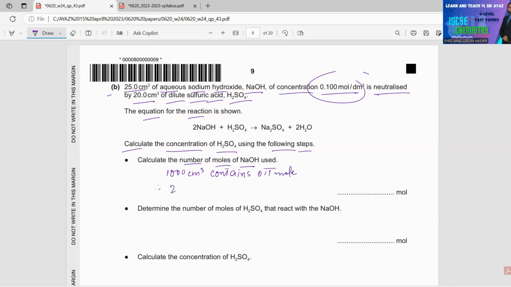Therefore, 25 cm³ contains X mole. Do the cross. So the equation becomes X is equal to 0.1 multiplied by 25 divided by 1000.